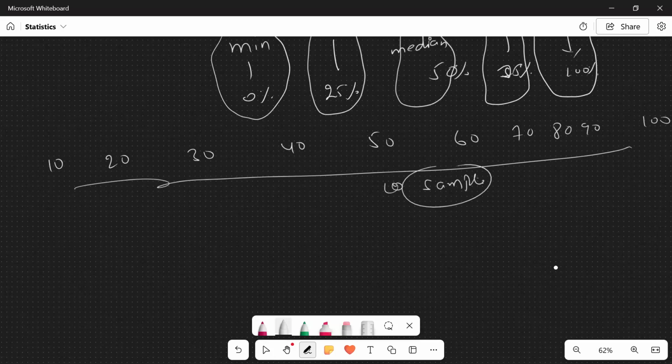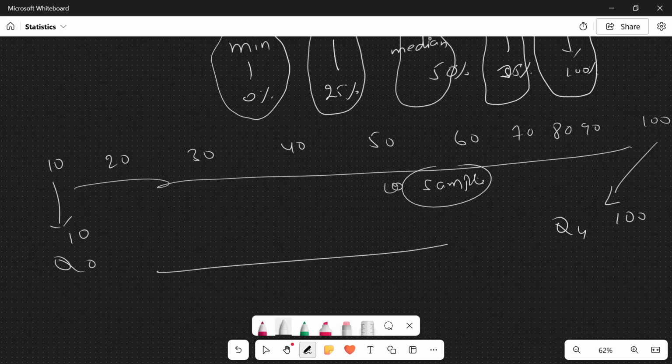From this, what is Q0? Q0 is 10, and Q4 is 100. I can take it as 5 elements: this is my Q0 and this is my Q4, 10 and 100.